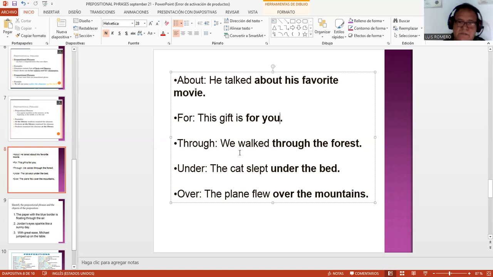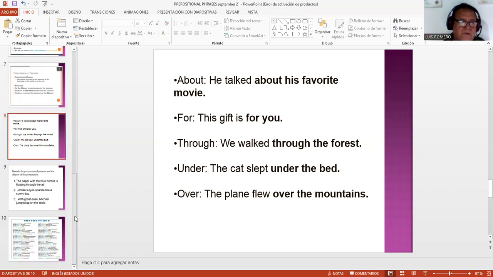Forest, noun. Excellent. What about the cat slept under the bed? Under, preposition. Bed, noun. Excellent. The plane flew over the mountains. Over, preposition. Mountains, noun. Great, very good.